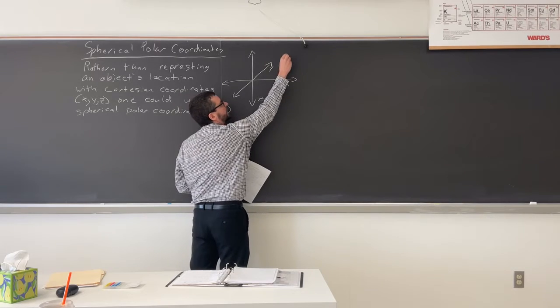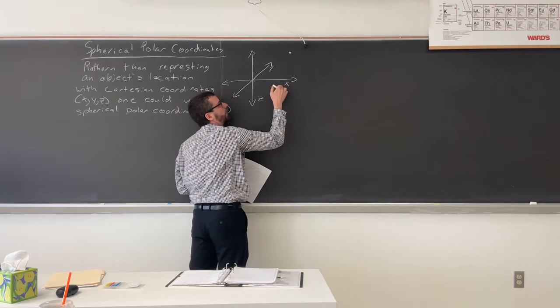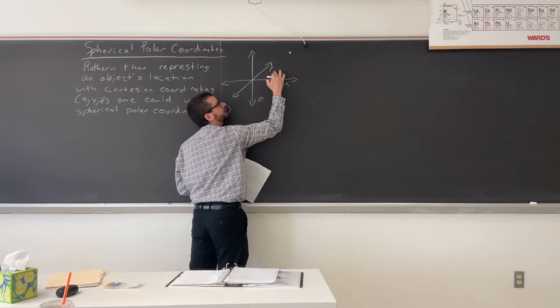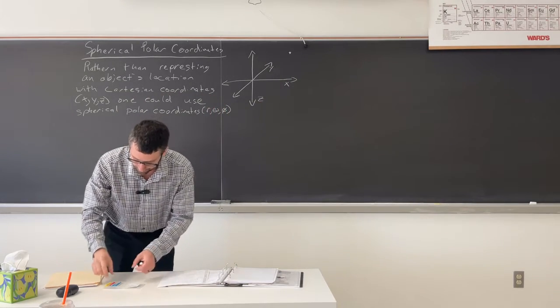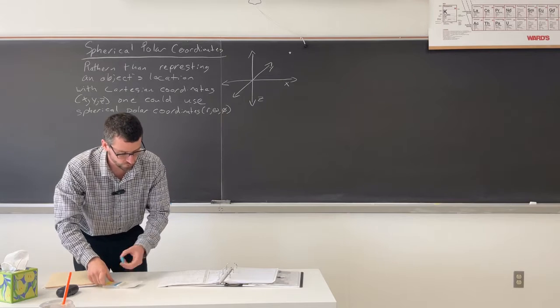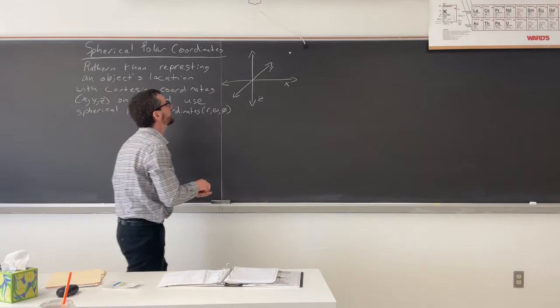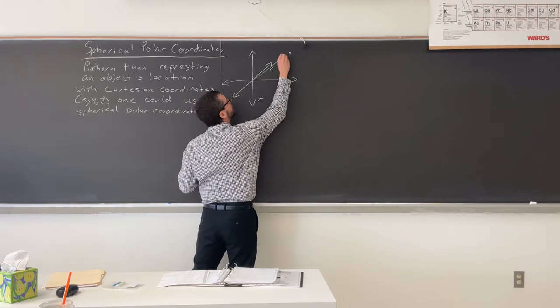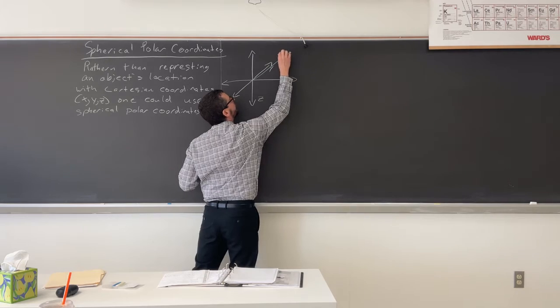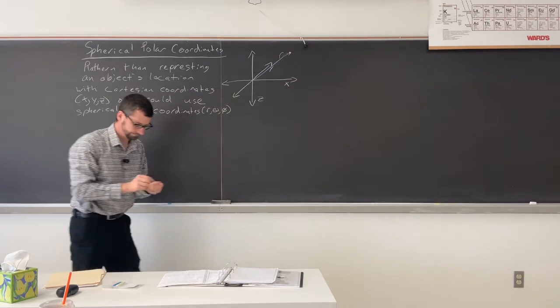So if we have some point, let's say it's in the quadrant back here, we have that point out there. We can describe it as a distance from the origin. Wow, that's a great straight line. That's r.